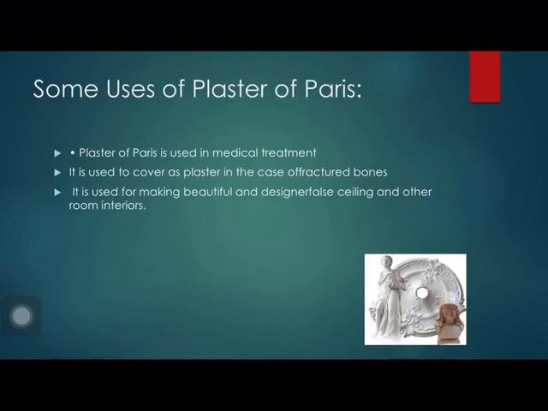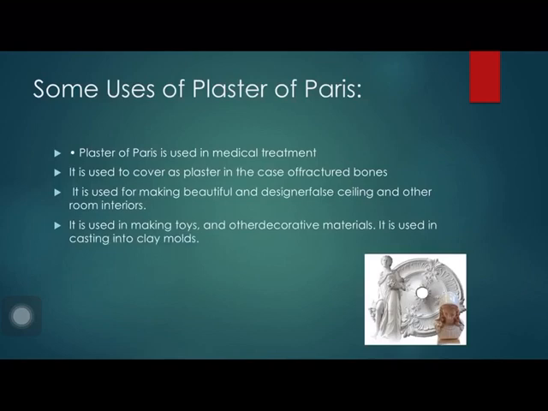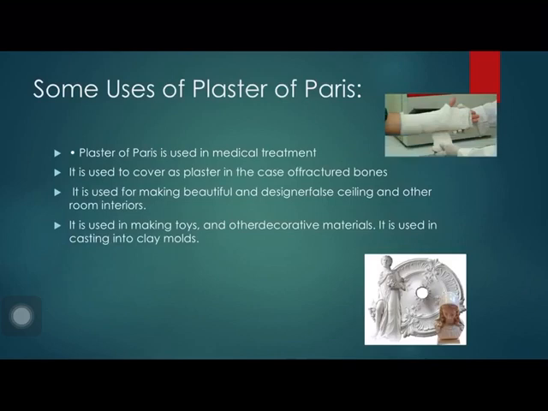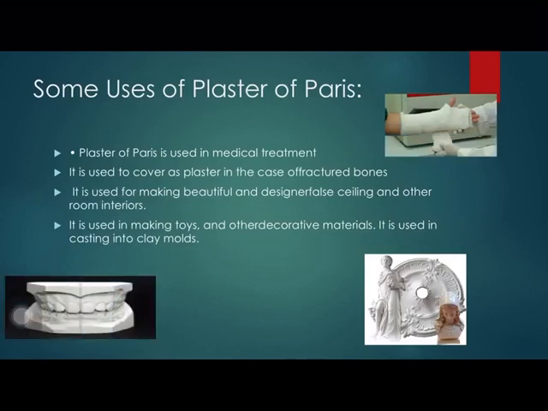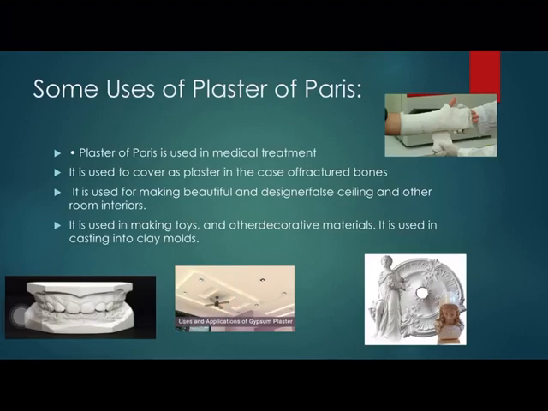For ceilings, designs, and for room interiors it is used. It is used for making toys and decorative items. Some of the photos are there, like plaster done on the hand, teeth sample when the complete tooth design is to be made, ceiling design, and the toys and other things.